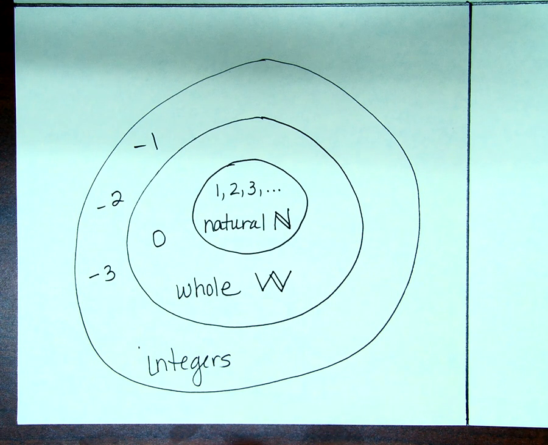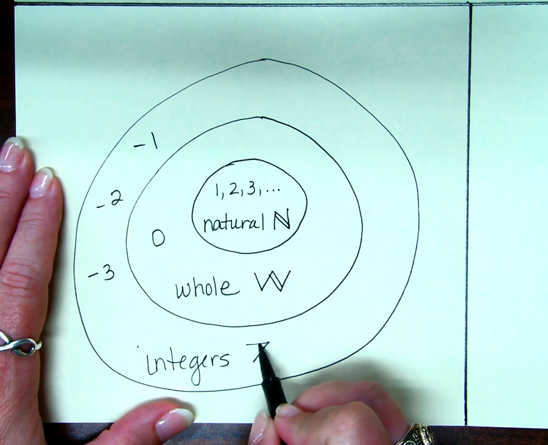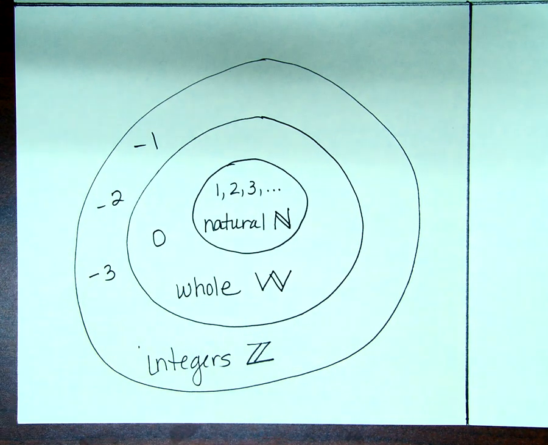Any idea what the symbol is for integers? So that would be logical, right? A fancy I would be logical, but remember in math we're not always logical, right? But to be fair, if I tried to draw a fancy I, wouldn't that just look like a rectangle? That would get confusing. So instead we use a fancy Z. Because you know, integers... No, not really. I don't know why it's a Z. They said it was, and so I just go with it. Okay?